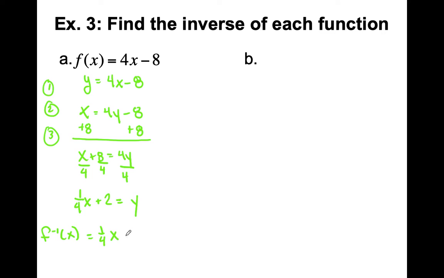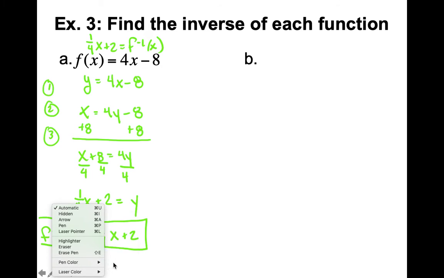Now, which side you write that inverse of x on doesn't matter. So if you write it as 1/4 x plus 2 equals the inverse function, that's fine too. Again, you could always write this as x plus 8 all over 4 if you want to do that instead.